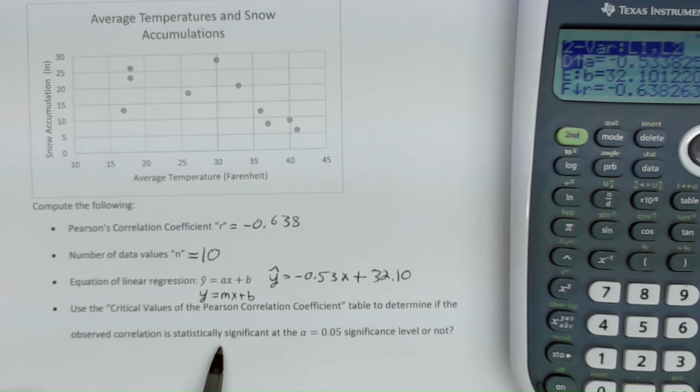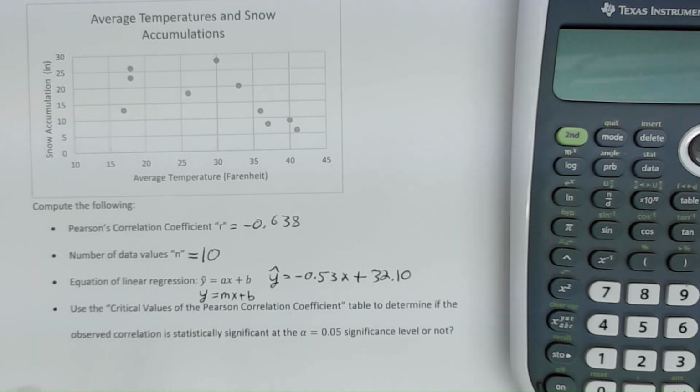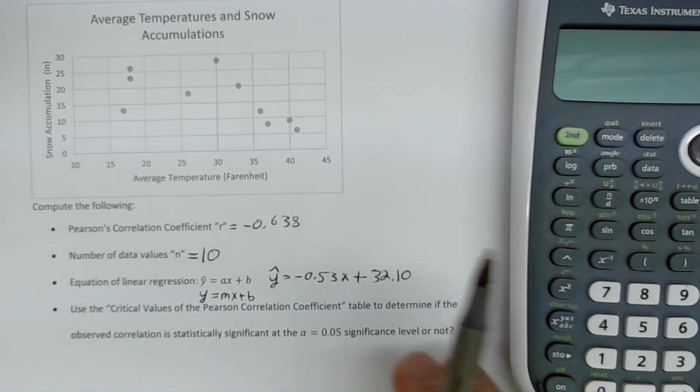If the correlation is statistically significant, then this equation would be useful to interpolate data at a certain significance level, and if it's not, then it would not be appropriate to actually use this equation that we just found.